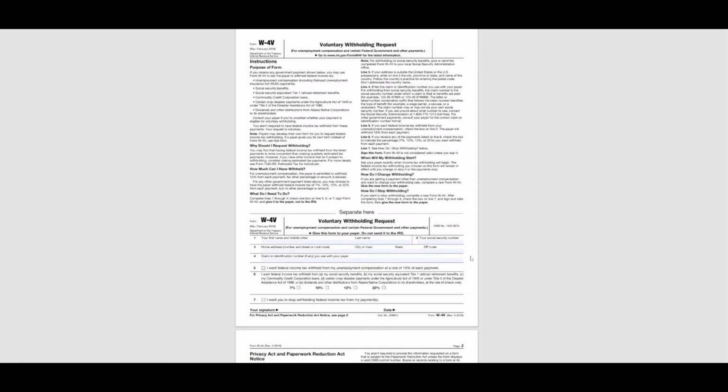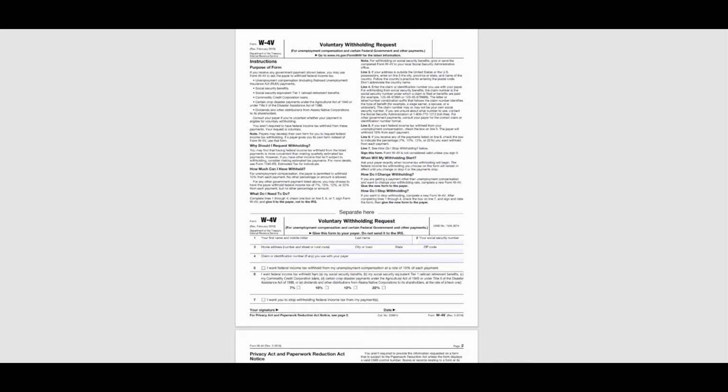So if you're wanting to either reduce, remove, or add your voluntary tax withholding from your Social Security benefits, it's really these 7 questions right here that is all you're going to need to do. Pretty self-explanatory.